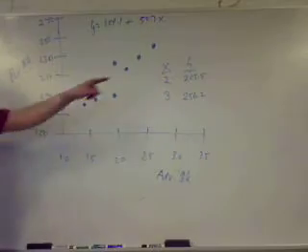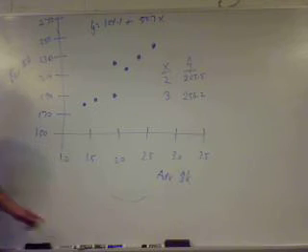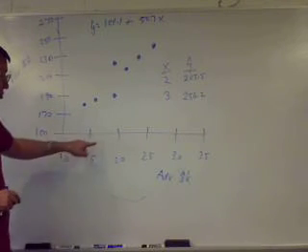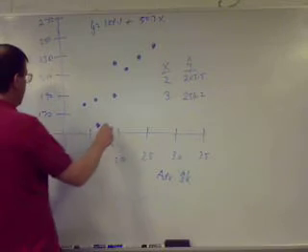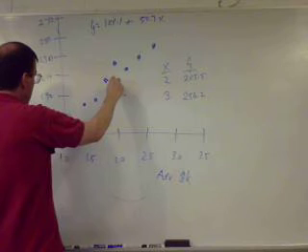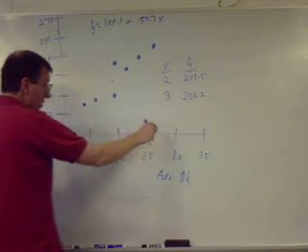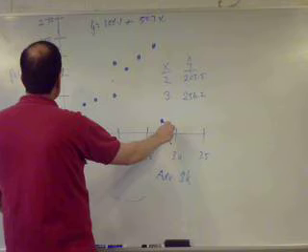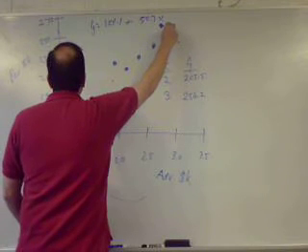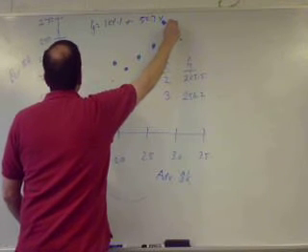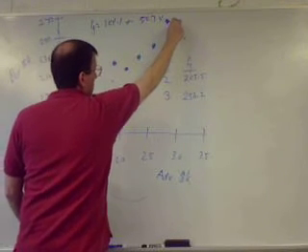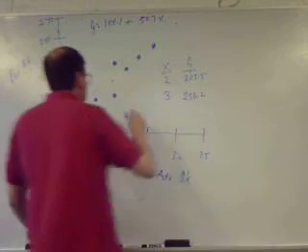So I have my 2 points that I then plot. Here's 2, 205.5, right here. And here's 3, 256.2. It's up here. And then I connect them with a straight line.